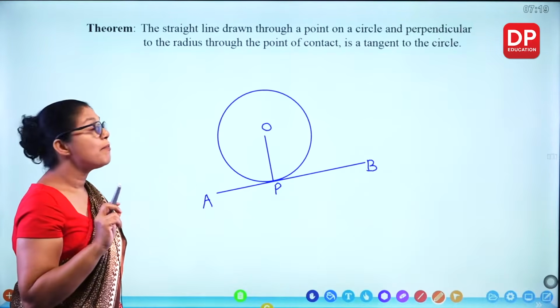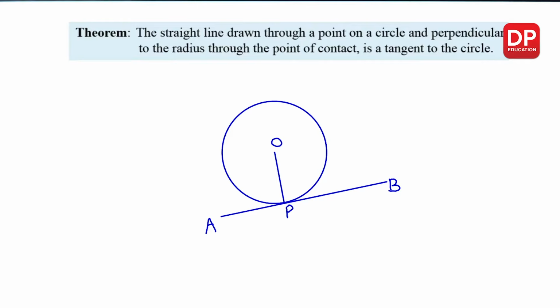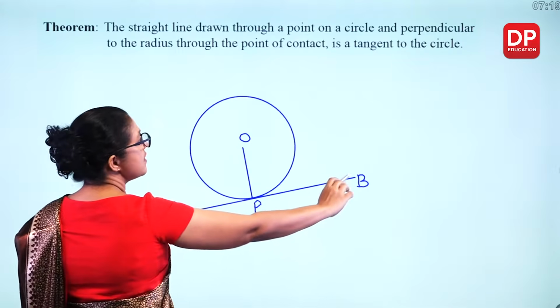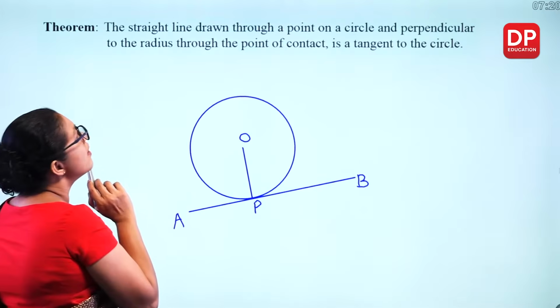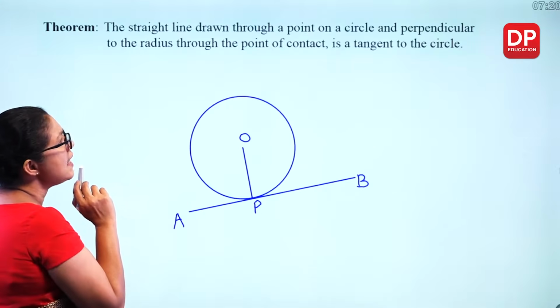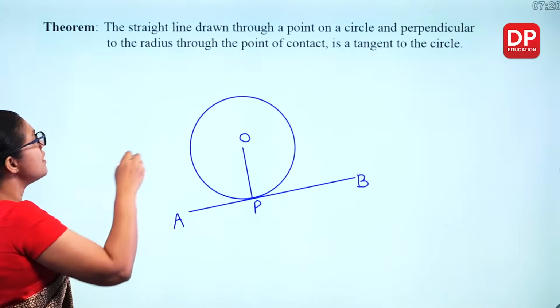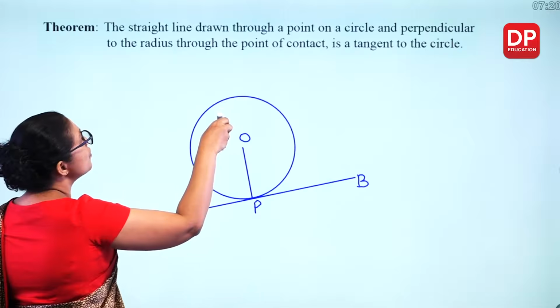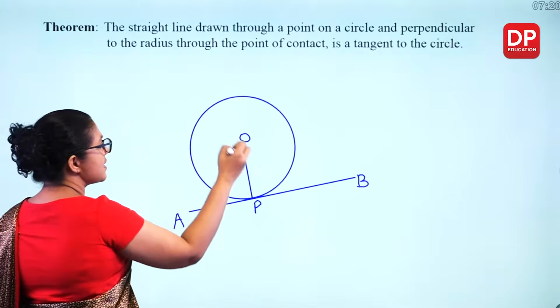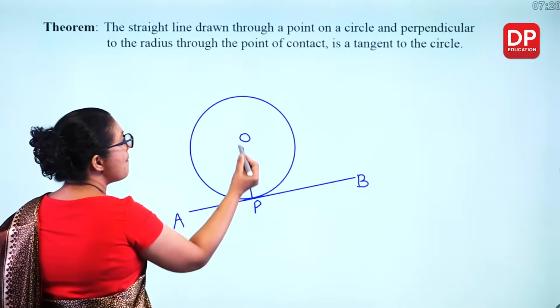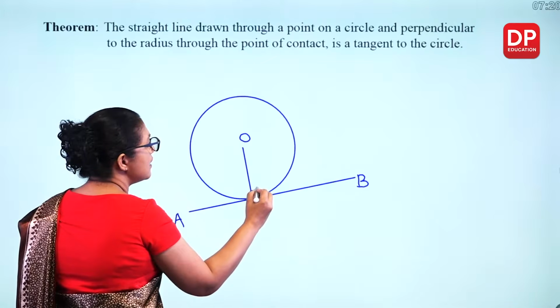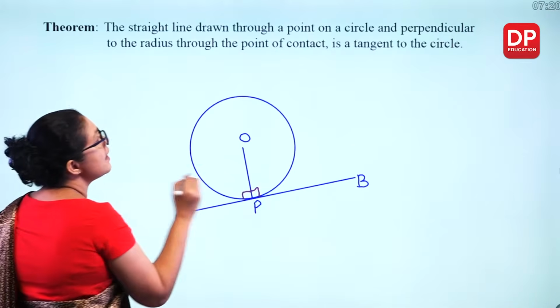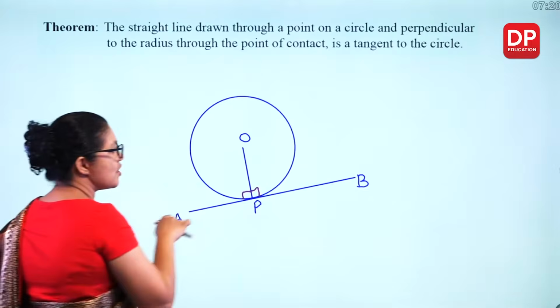So theorem number 1 in your textbook says the straight line drawn through a point on a circle and perpendicular to the radius through the point of contact becomes the tangent.